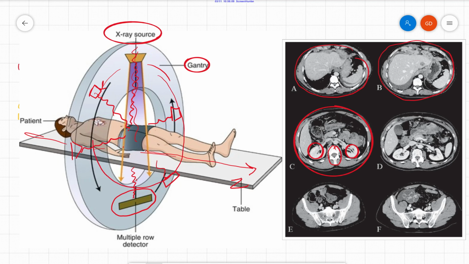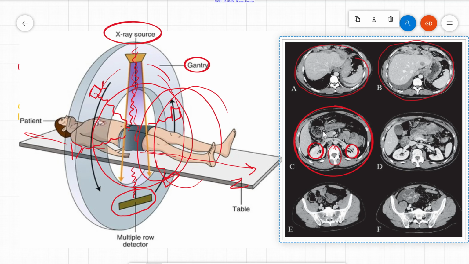So what's happening is that we have a spiral of penetration of X-ray through the patient's body. This will result in a series of slices that will be packed above each other.